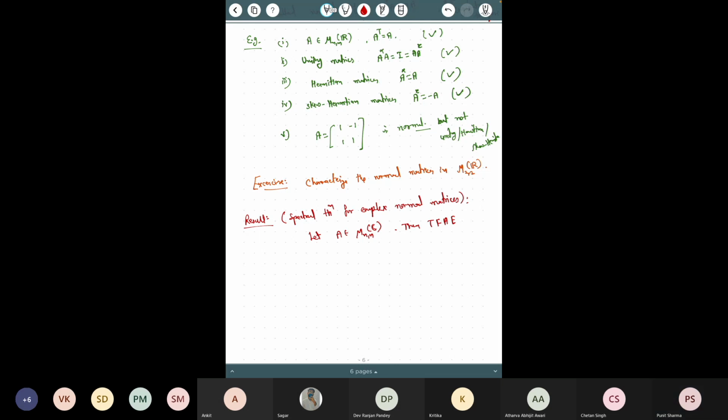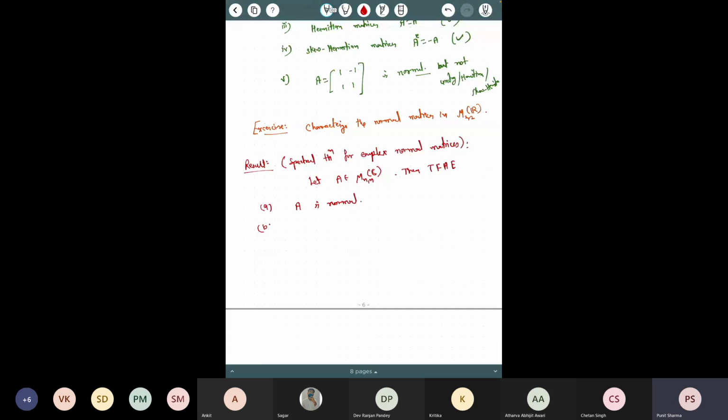A is normal, which is equivalent to saying that A is unitarily diagonalizable, which is equivalent to saying that the square of the Frobenius norm of A, that means if the entries of A are denoted by Aij, then you look at this sum. This is nothing but the square of the Frobenius norm.